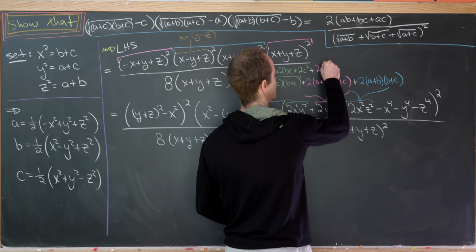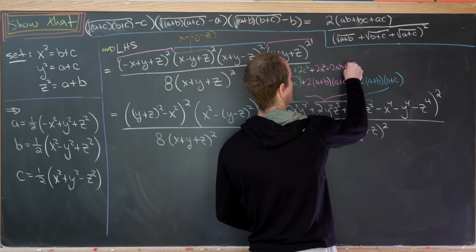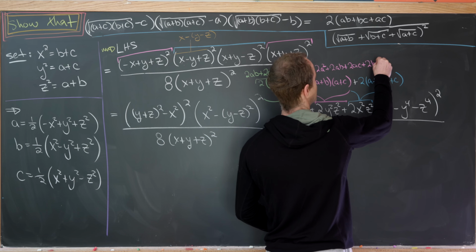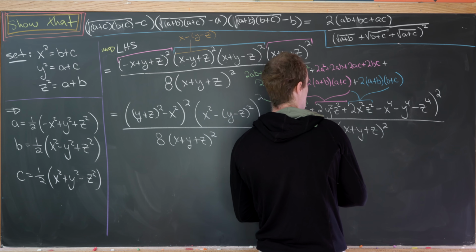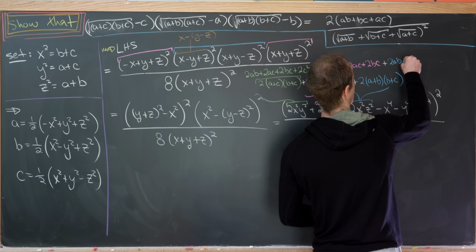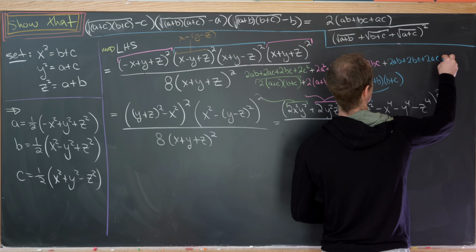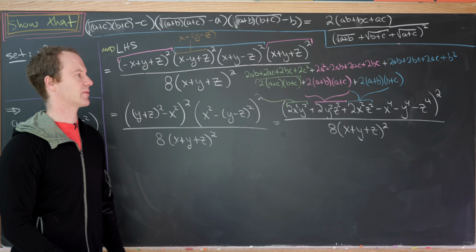So we'll have 2a squared, and then 2ab, and then 2ac, and then 2bc. And then likewise, this blue one will give us 2ab plus 2bc plus 2ac plus b squared. So we're left with something like that.